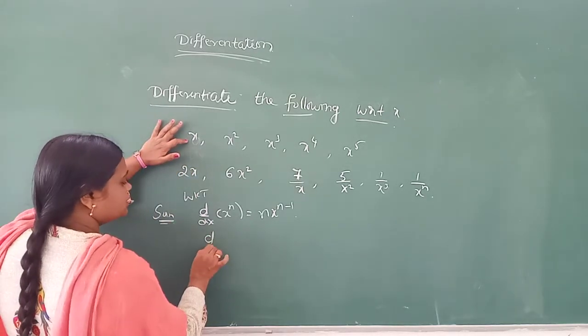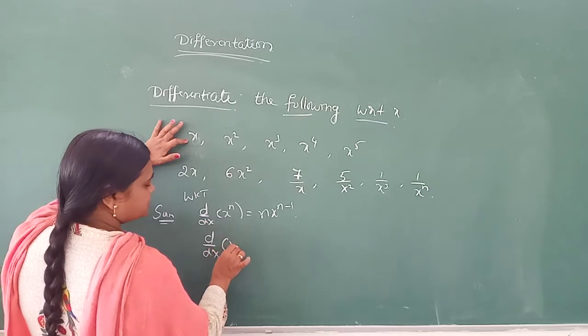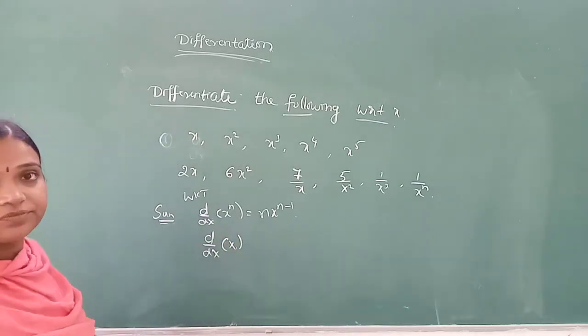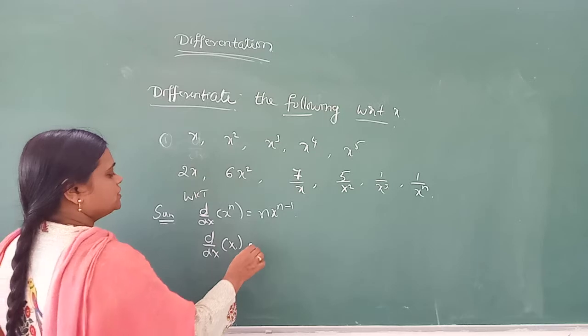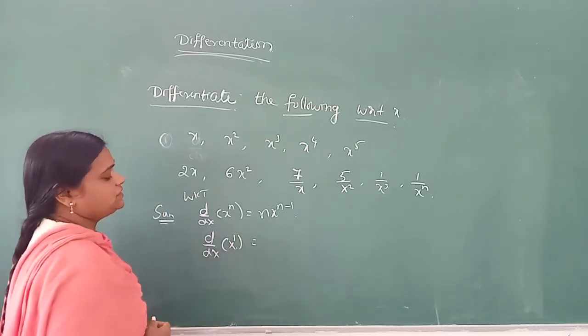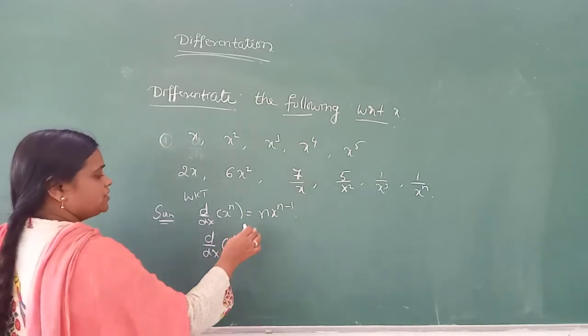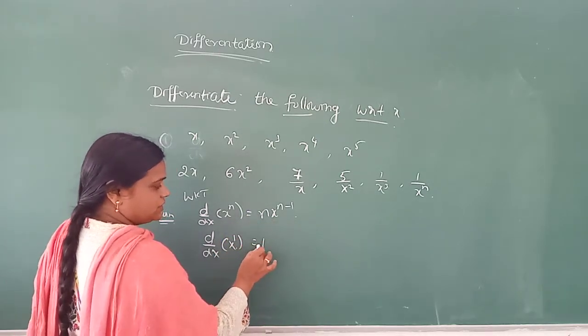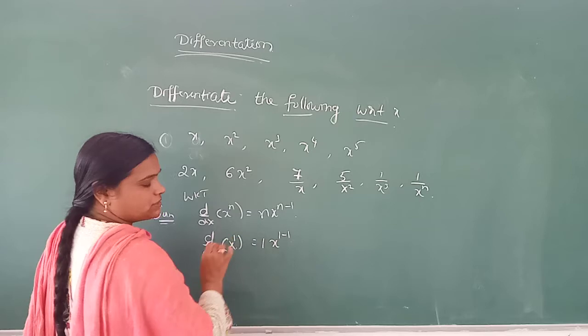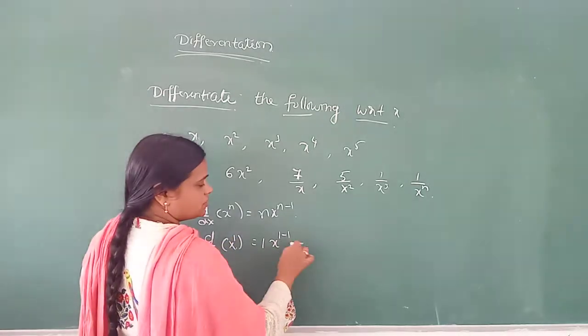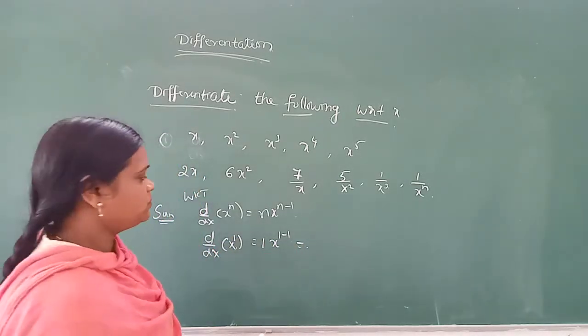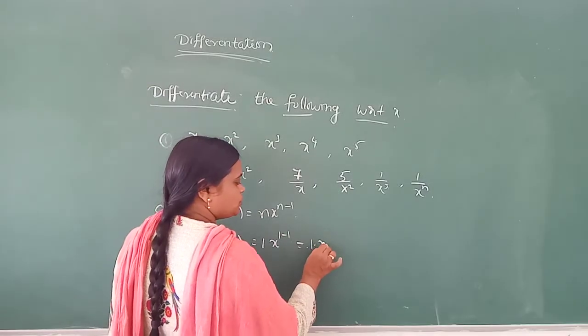See, first one, d by dx of x, differentiation of x. Tell me the power of x. The power of x is 1. Therefore, apply here: n is 1, x to the power 1 minus 1, means 1 into x to the power 0.